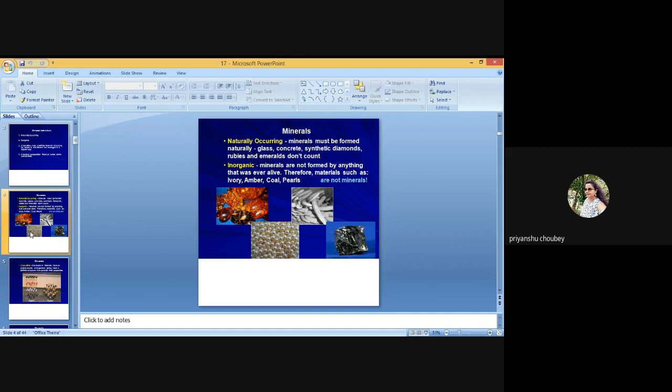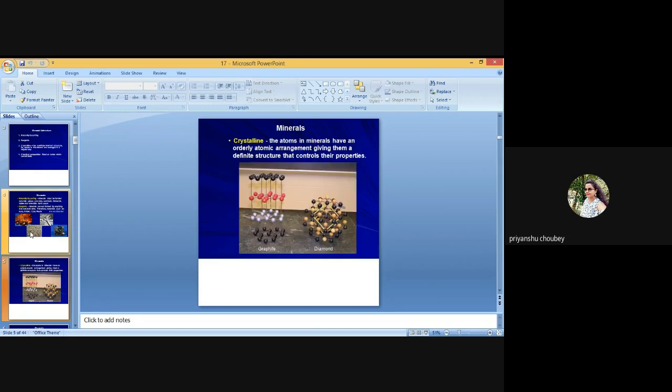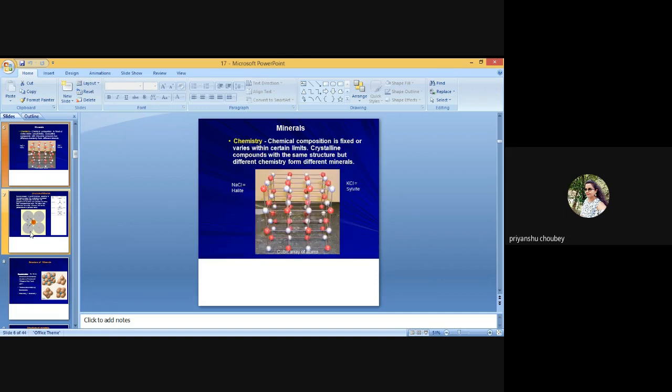Crystal symmetry. This is a property of the crystal of showing a similar appearance on both sides of a point, line, or plane, or when it is rotated through a certain angle about an axis.